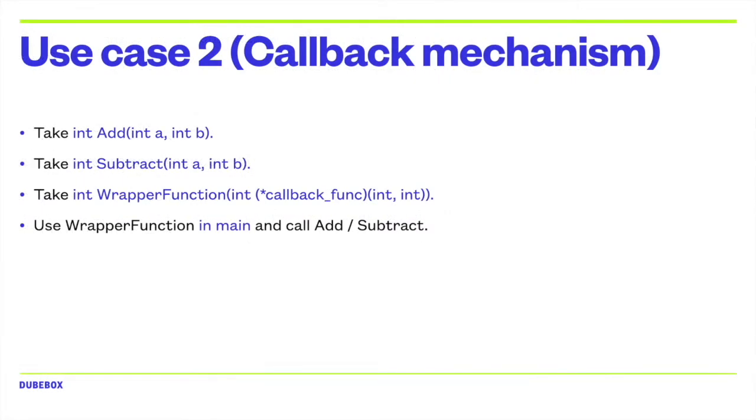Next, we'll see the main use case of function pointer, the callback mechanism. To understand this concept, we'll take add and subtract functions. We'll take another function called wrapper function, where we'll pass the reference of the add or subtract function, and the callback function add or subtract will be executed in the wrapper function.